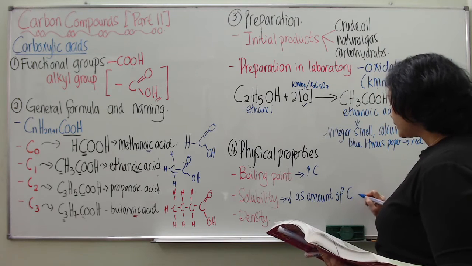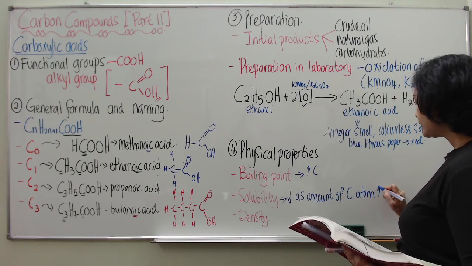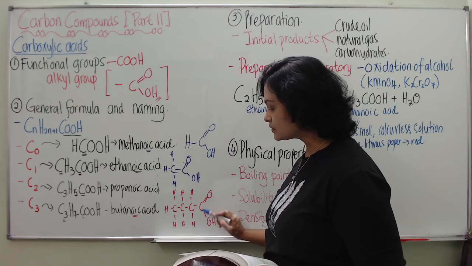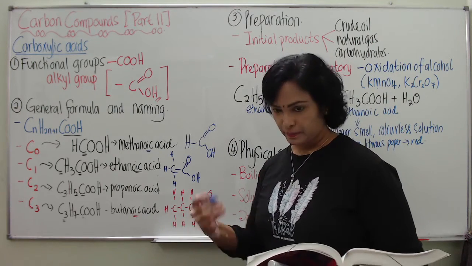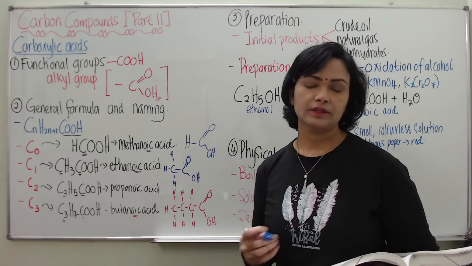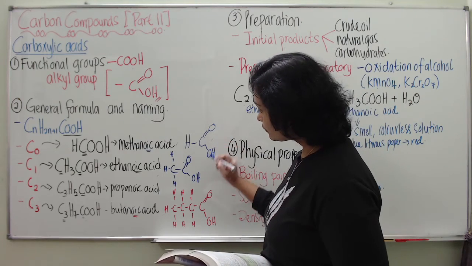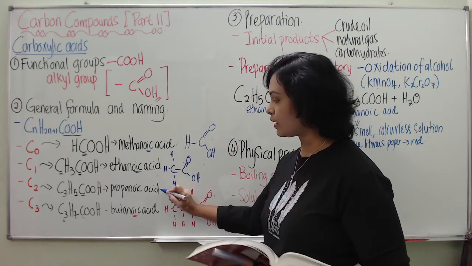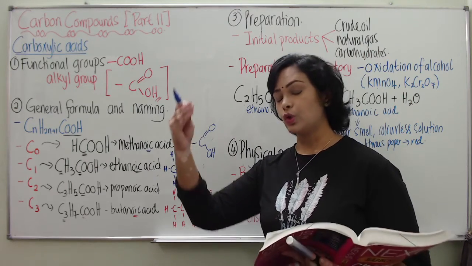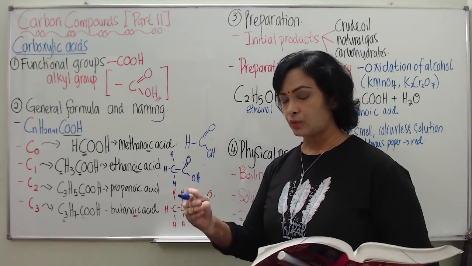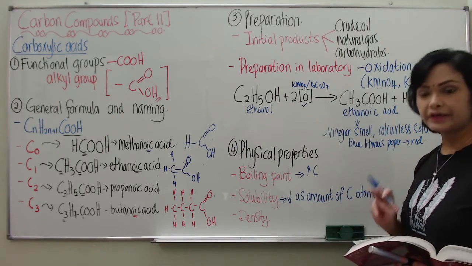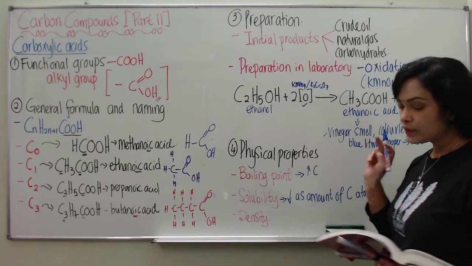Why? Because when the amount of carbon atoms increases, the covalent properties become more prominent, more significant, stronger. So the first 2 or 3 members might be soluble in water, but don't be surprised when you go further down the carboxylic acids, you will find that the solubility decreases.